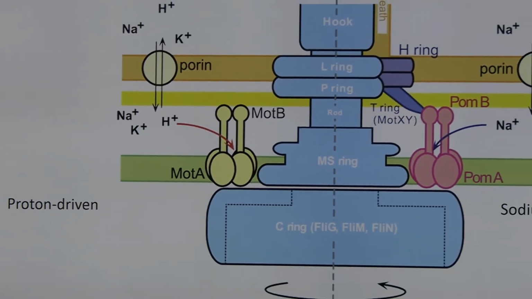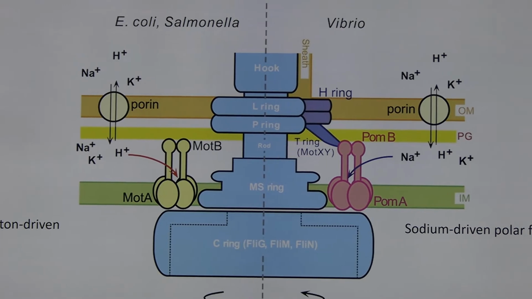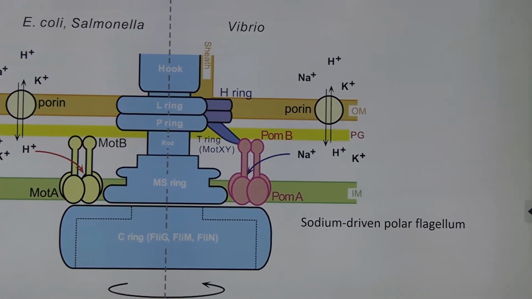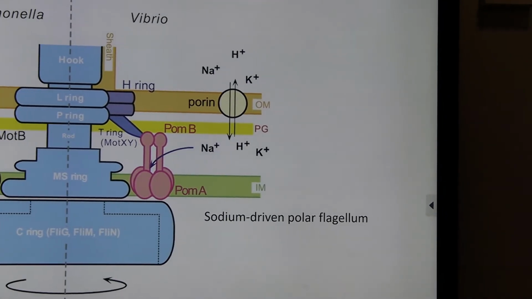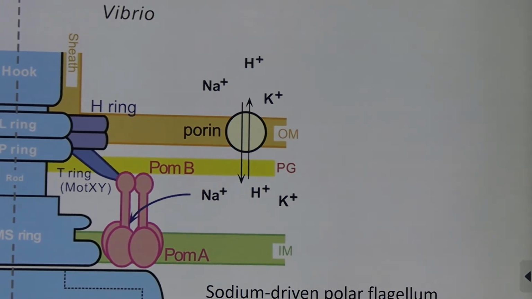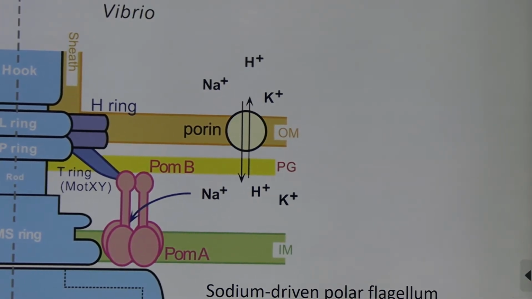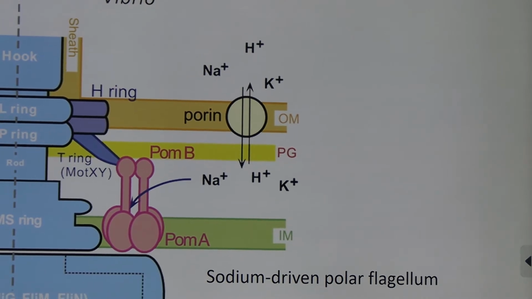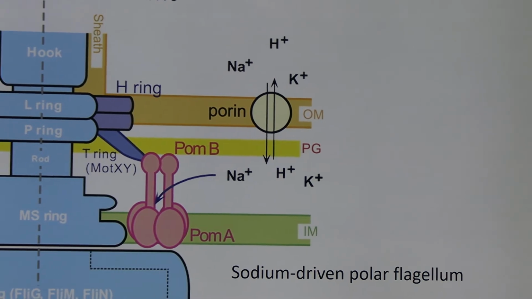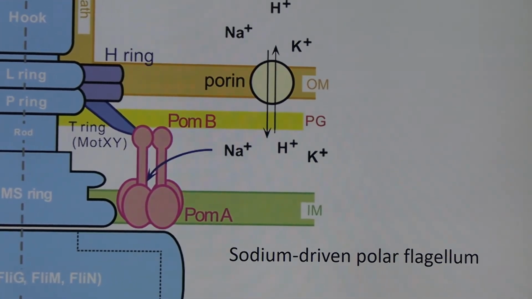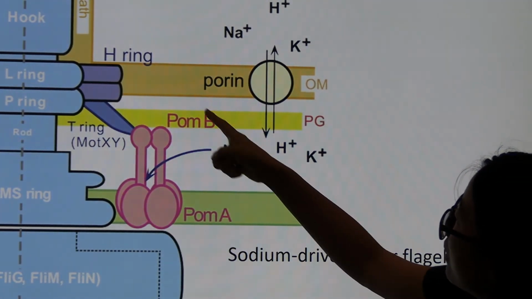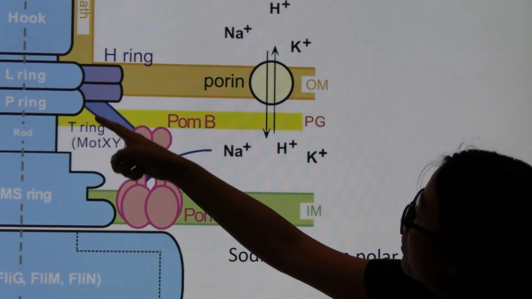E. coli, as you know, is a freshwater environment species. So what happens in a marine species, Vibrio? This shows the basal body of Vibrio species. We call it a sodium-driven polar flagellum. The only difference between the 2 parts is in the motor part.